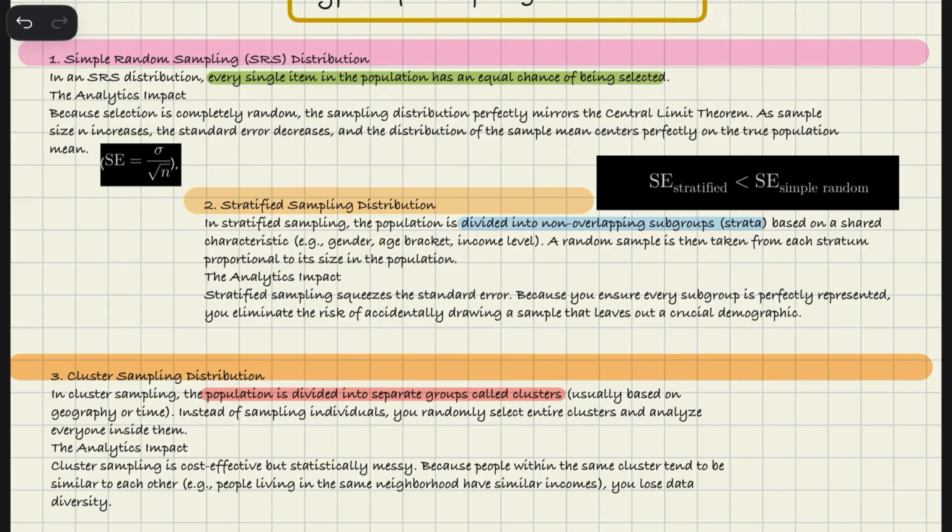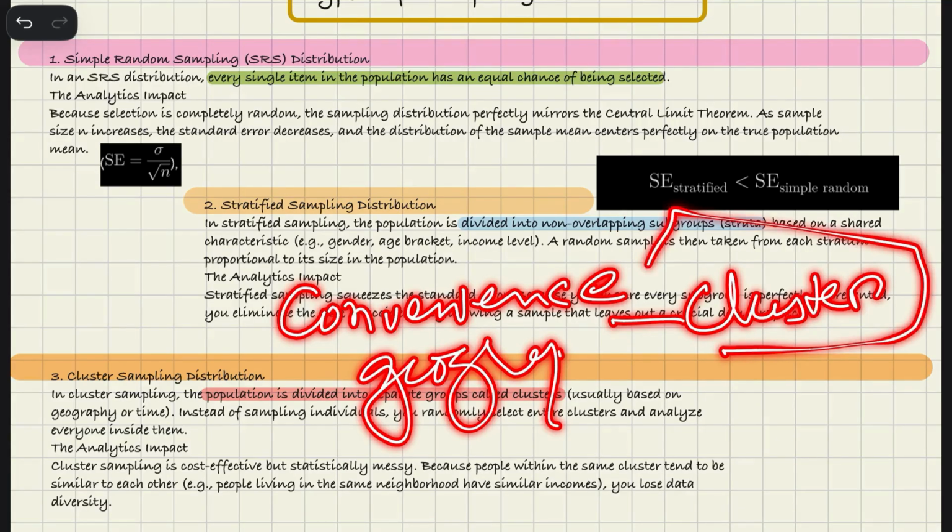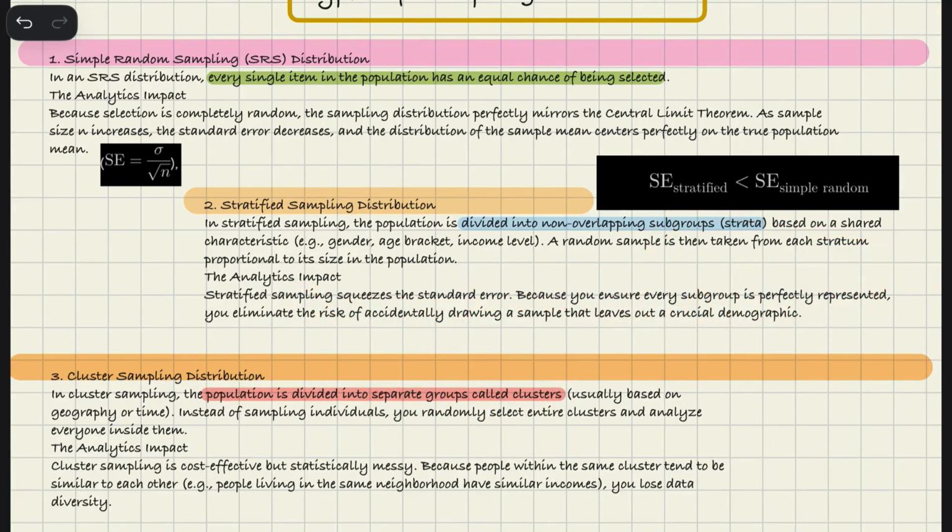But in cluster sampling, we divide the population into groups based on convenience or geography, called clusters, where each cluster is ideally a mini replica of the whole population. And then we randomly select a few entire clusters and survey everyone inside them, while completely ignoring the other clusters.